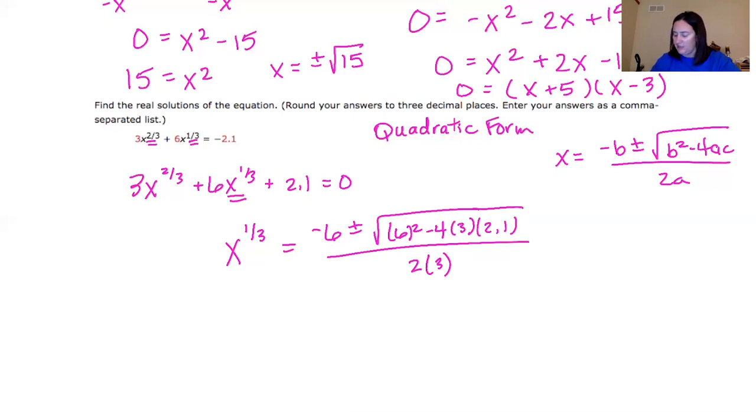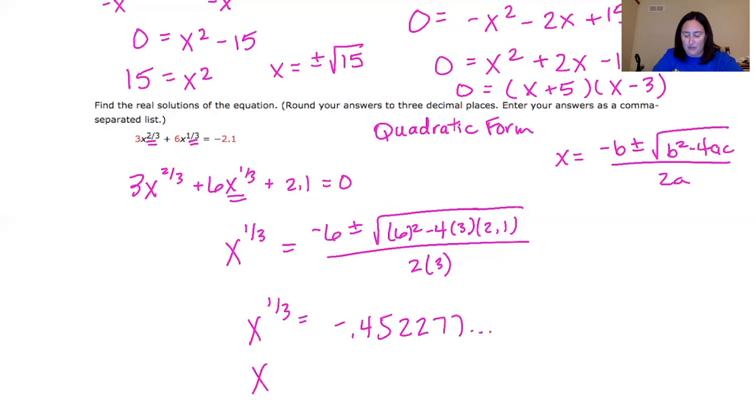So negative 6 plus the square root of 6 squared minus 4 times 3 times 2.1. So I'm doing just the positive one for right now. I'm going to get that answer. I'm going to divide it by 6. So I get a solution that says x to the 1/3 would equal a negative 0.452277, and it kind of goes on forever.